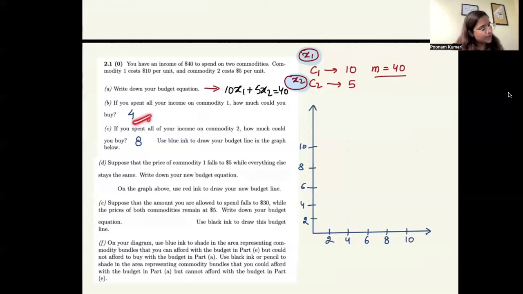Maximum amount of first commodity is 4 and second commodity is 8, right? So I'll join these 2 points, 8 and 4. और इन्होंने बोला है कि blue ink से बनाना है तो ये लो blue ink से बना दिया. This is my budget line, right?